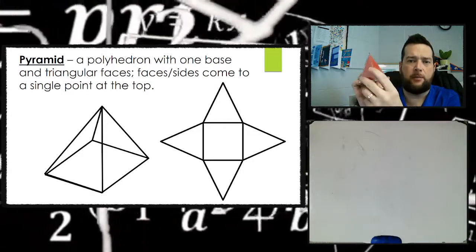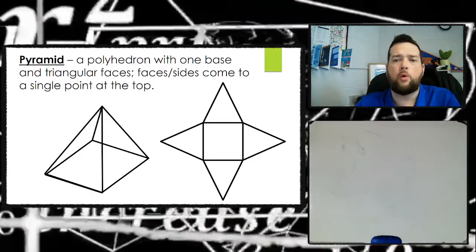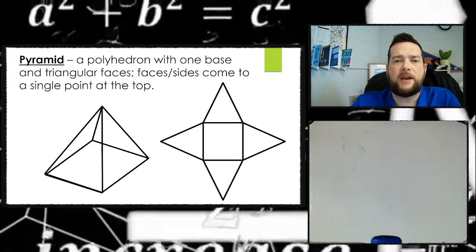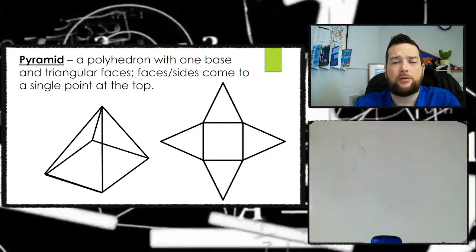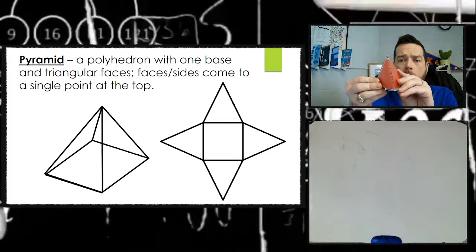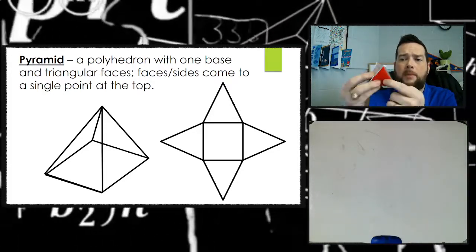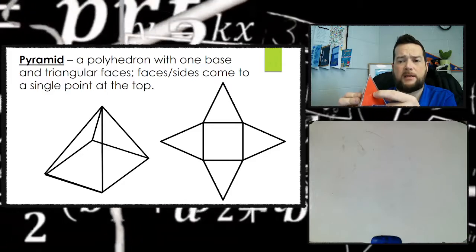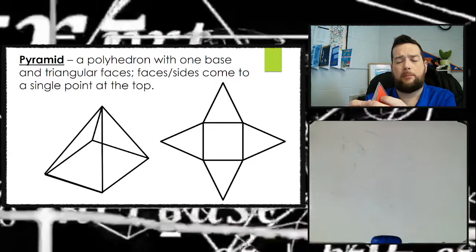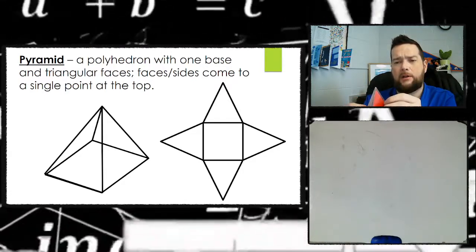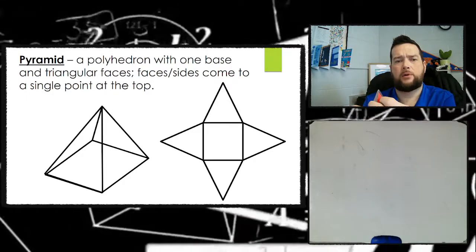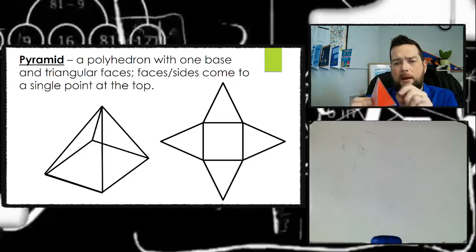All the faces of a pyramid, all the way around, no matter what the shape of the base is, will always be triangles. So pyramids are polyhedrons with one base and triangular faces. And the key indicator that it's a pyramid is that all the faces come to a single point at the top right up there.